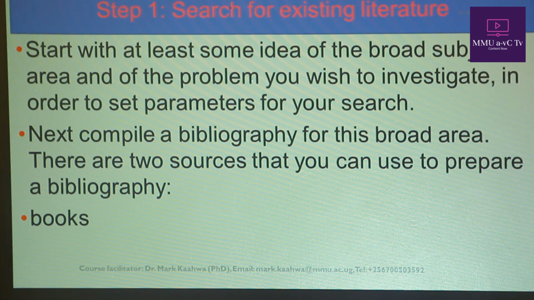You start with at least one idea of the broad subject area and of the problem you wish to investigate in order to set up parameters for your research. You compile the bibliography for this broad area. That means you are searching out the different publishers, the different scholars who have published on that same area. Then to do that, of course, you read journals, you read the conference proceedings, you read books, and so on and so forth.